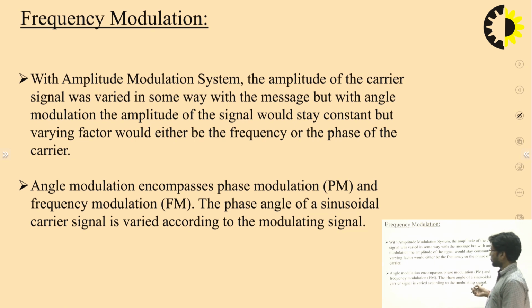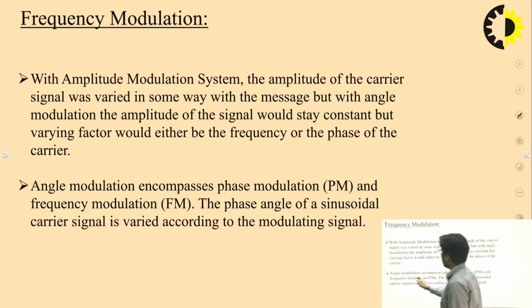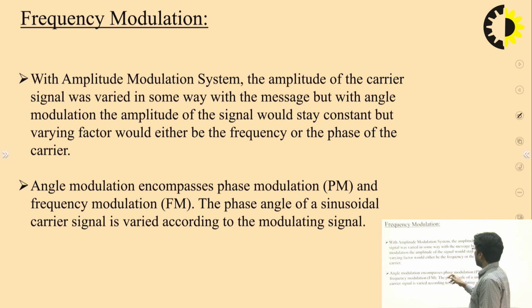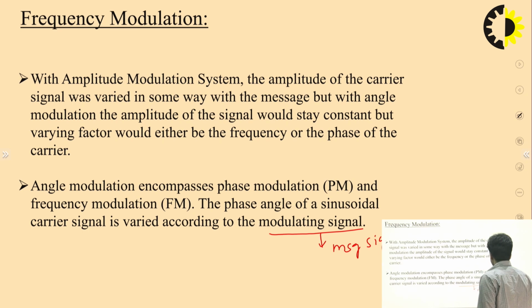Angle modulation encompasses phase modulation and frequency modulation. The phase angle of a sinusoidal carrier signal is varied in accordance with the modulating signal. The modulating signal is nothing but the message signal, or baseband signal.